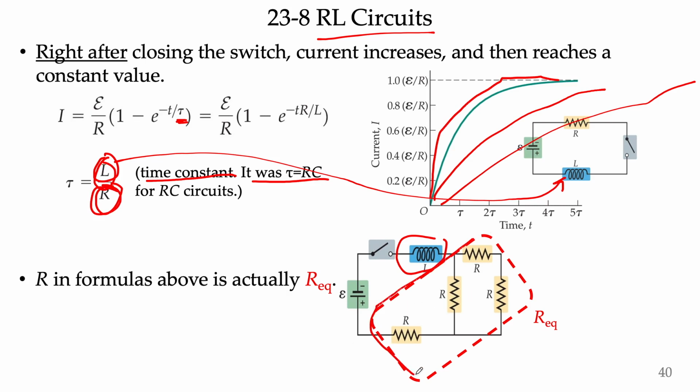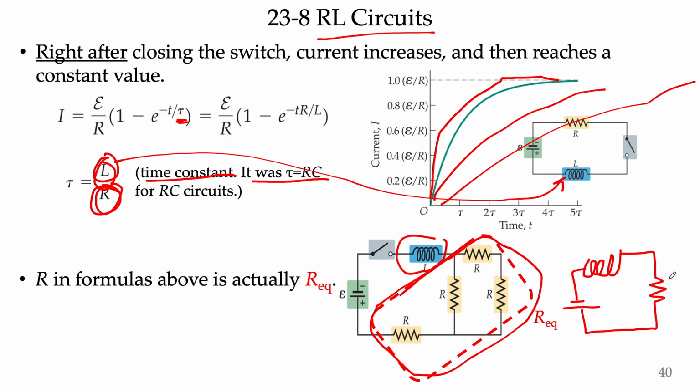So you would calculate the R equivalent of this circuit here, and you can think of it as the inductor and the battery here, connected to this equivalent resistance here. And in the formulas above, you would use this equivalent resistance.